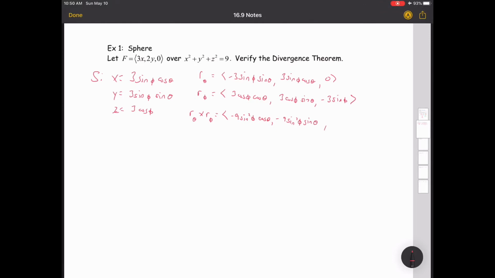And then eliminating the k row and column is going to give us, let's see, negative 9 sine phi cosine phi sine squared theta minus 9 sine phi cosine phi cosine squared theta.